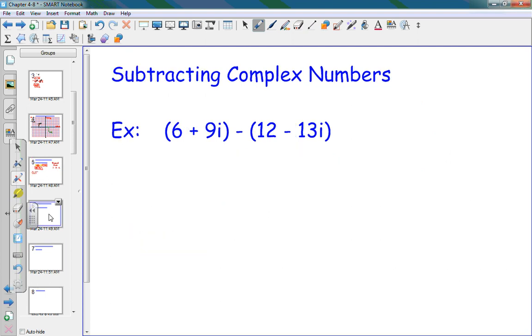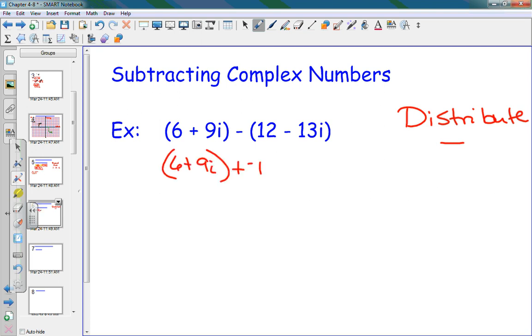Okay? This time I'm going to subtract complex numbers. So how do I subtract complex numbers? Well, my next question is, can I drop the parentheses? I cannot drop the parentheses because I am distributing. I have to distribute the minus sign. So that's going to be the same thing as 6 plus 9i plus negative 1 times 12 minus 13i.